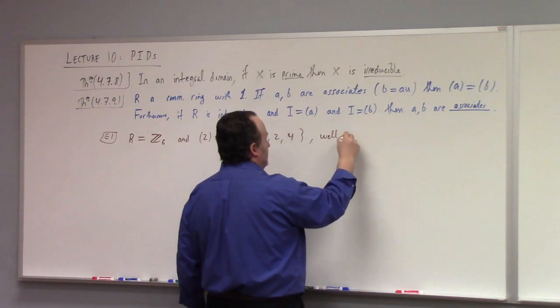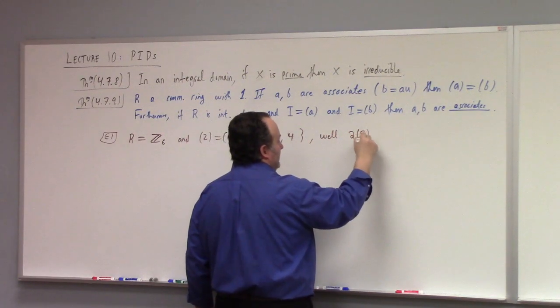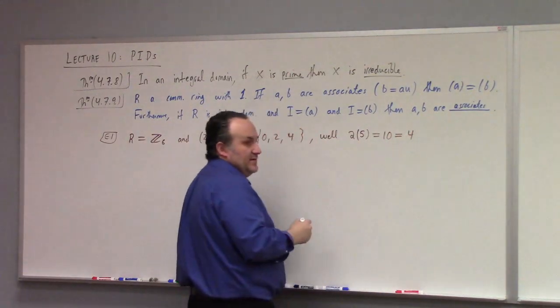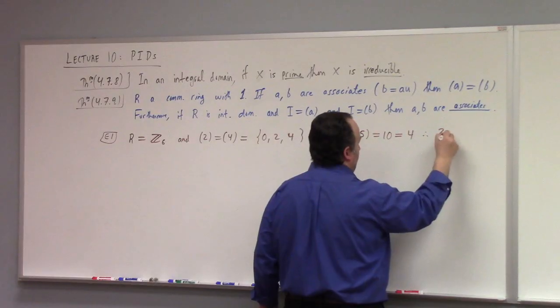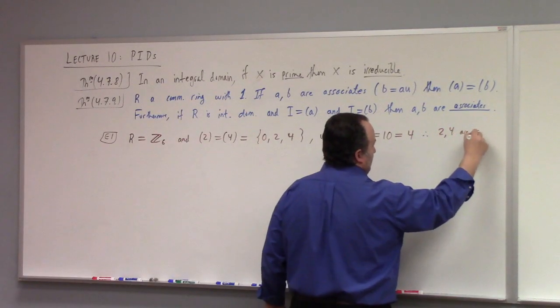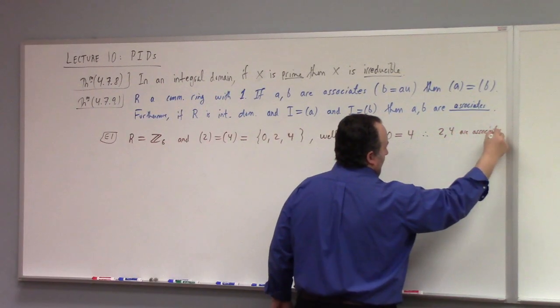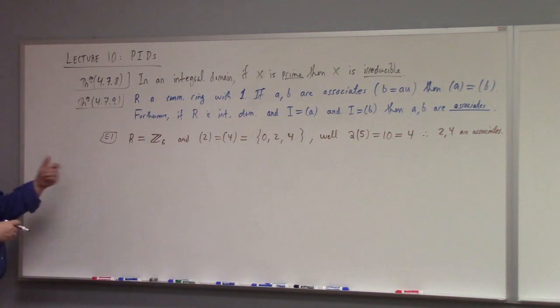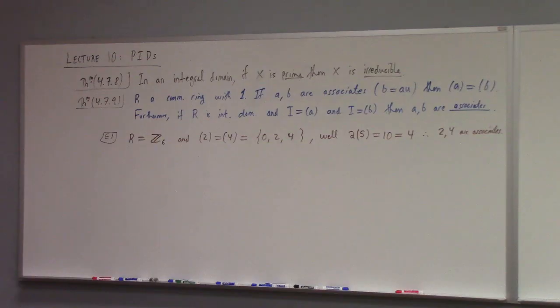Well, how about this? 2 times 5 is equal to 10, which is equal to 4 in Z6. So therefore, 2 and 4 are associates. So apparently, there are cases where this theorem is still true outside the context of R being an integral domain. Like Z6 is not an integral domain. It's got zero divisors, 3 and 2, right?